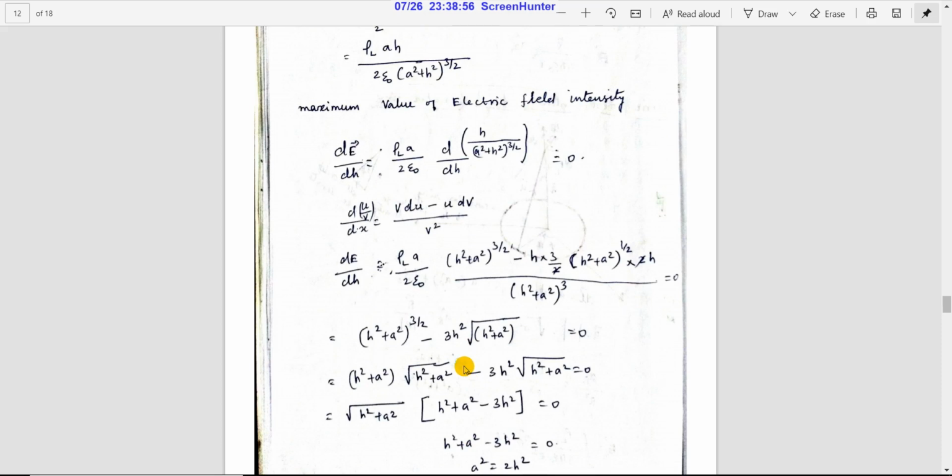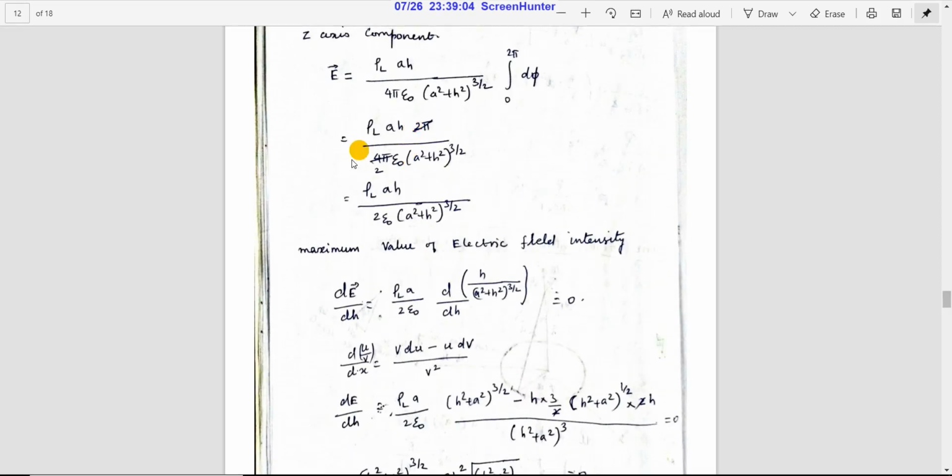So dE divided by dH is equal to, we need to differentiate this equation. rho L A divided by 2 epsilon naught will be the constant. So d by dH of H divided by A square plus H square power 3 by 2 should be equal to 0 for the maxima.